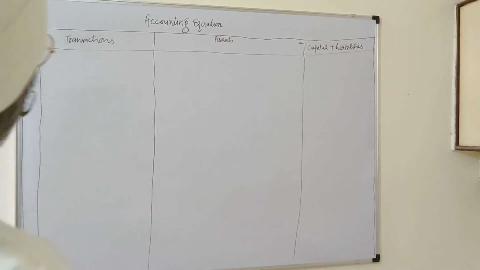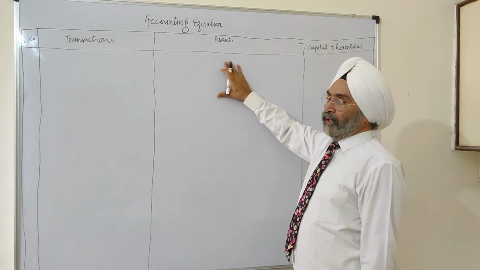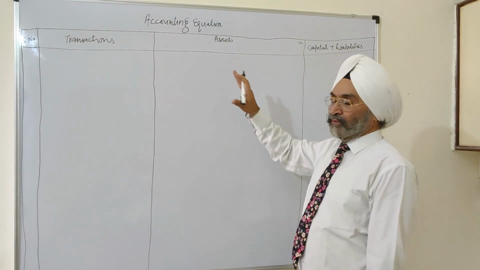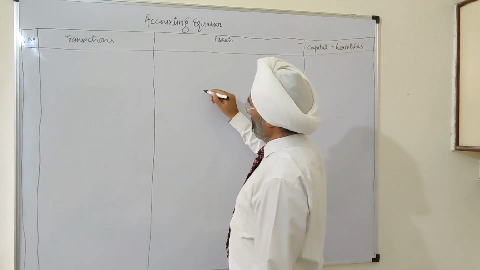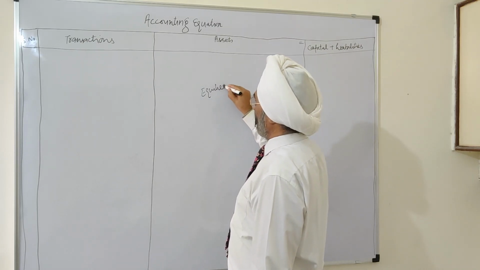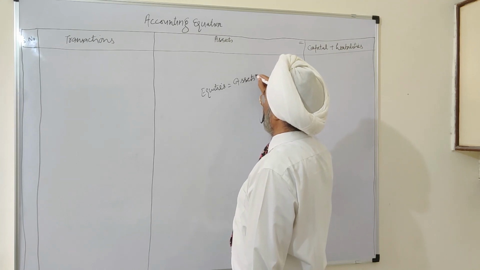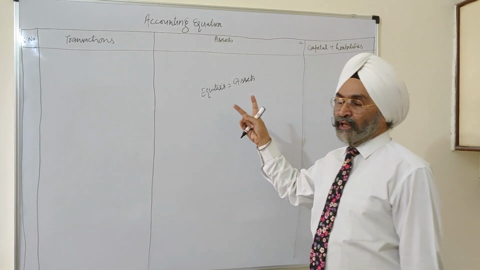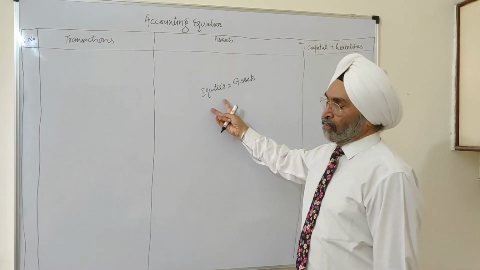Hello friends, let's discuss today a new video on accounting equations. As we had discussed in our accounting terminology, equities are equivalent to assets. Equities were the rights against the assets of the business, called equity.